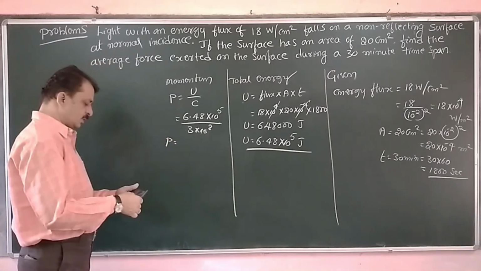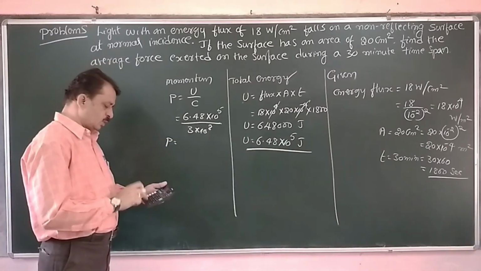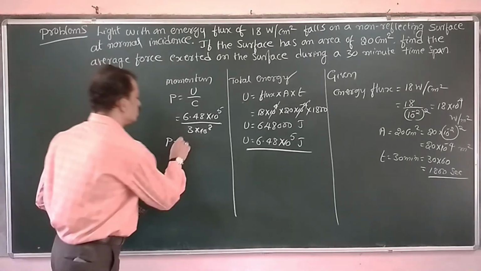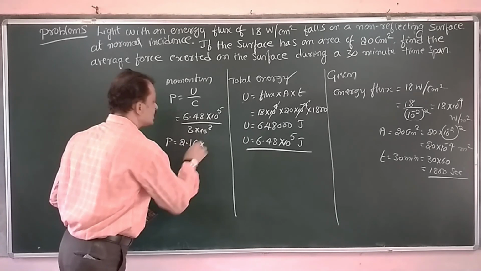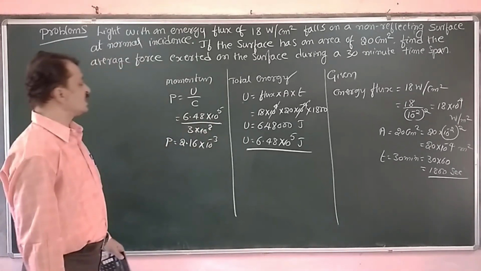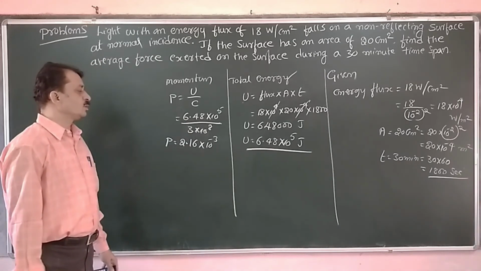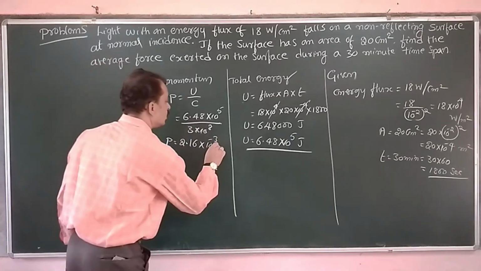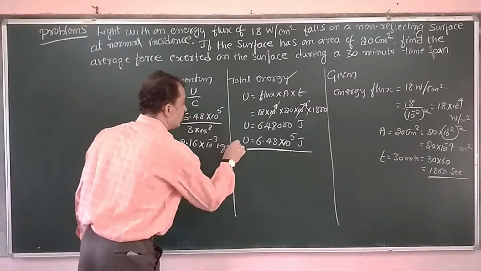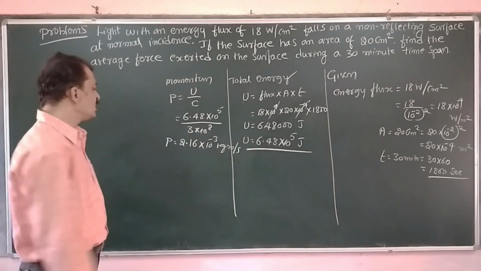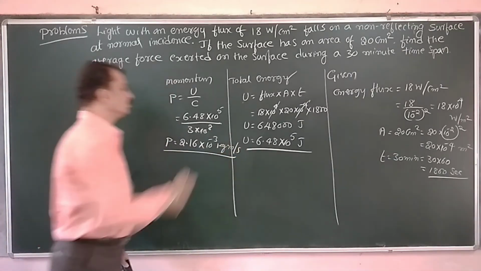If we simplify this, 6.48 divided by 3 is equal to 2.16 into 10 to the power of minus 3 kg meter per second. This is the momentum.